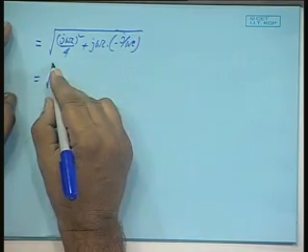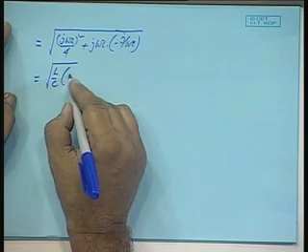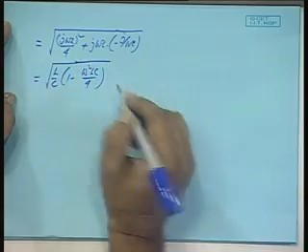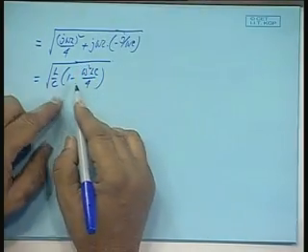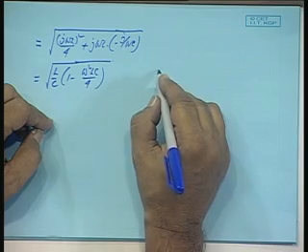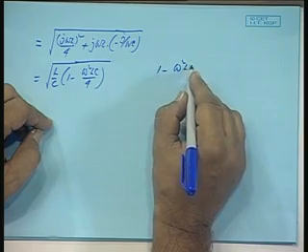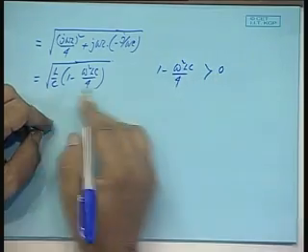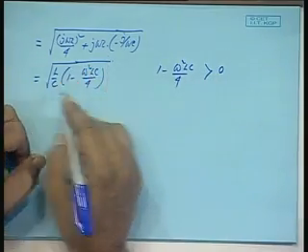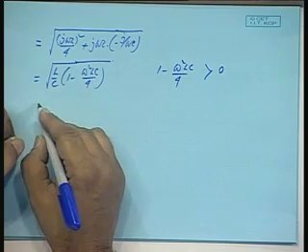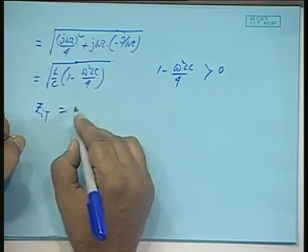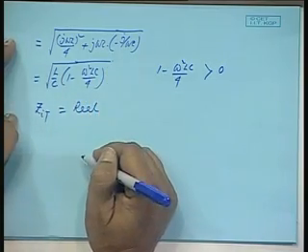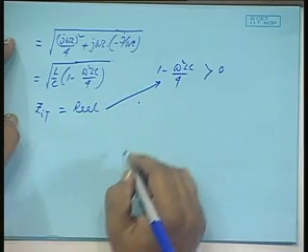So, that comes to root over of L by C times 1 minus omega squared L C by 4. Now, so long as omega squared L C by 4 is less than 1, this quantity is always positive. So, ZIT will be real, because the square root of a positive quantity is always real for this condition.